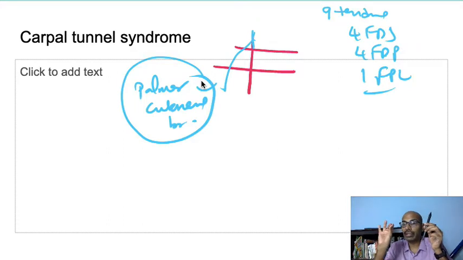It is the lateral 3.5 fingers, including the thumb, index finger, middle finger, and the radial half of the ring finger. The sensation to these fingers decreases or is lost in carpal tunnel syndrome. And what are the muscles that are affected? All thenar muscles except the adductor pollicis and the medial two lumbricals are affected in carpal tunnel syndrome or a low median nerve palsy.